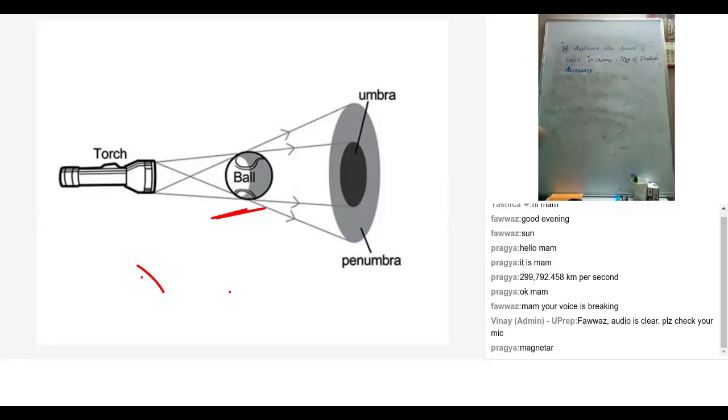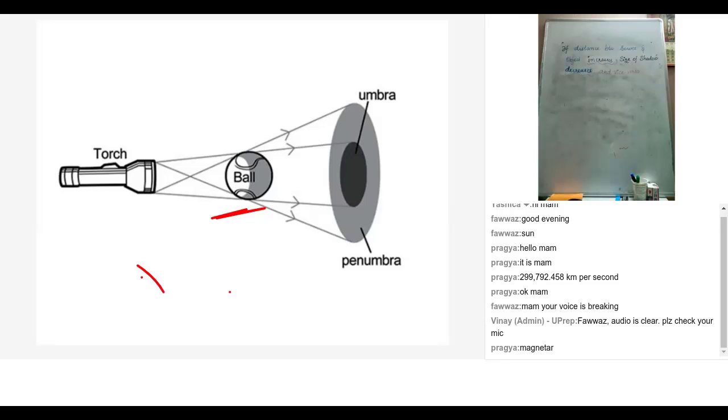Is that understood? Yes, ma'am. Please give us a moment to note it down. Yeah, please. Finally, you can mention here 'and vice versa'. Okay, ma'am. So now we have seen what happens if the source or the object are displaced. Now the question is, what happens if the screen is moved?